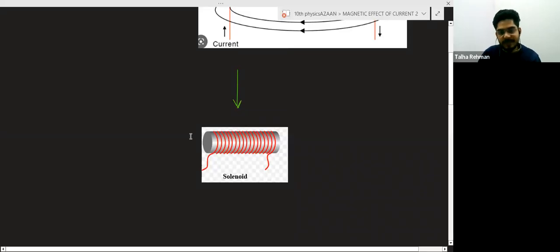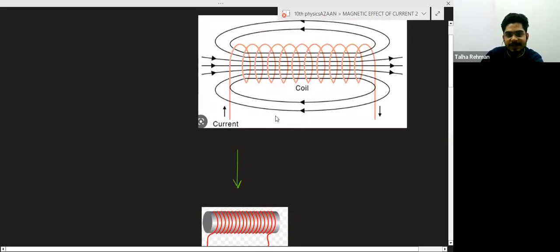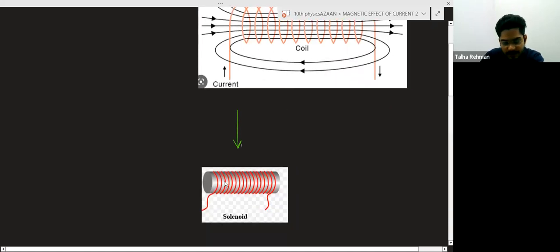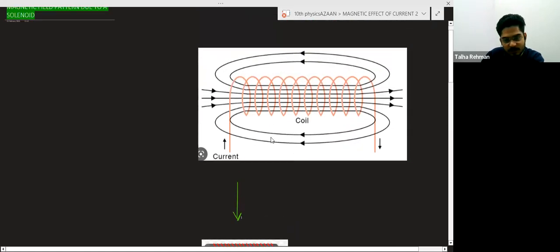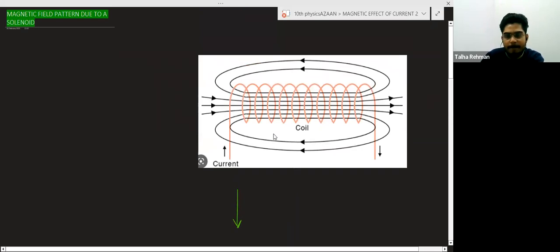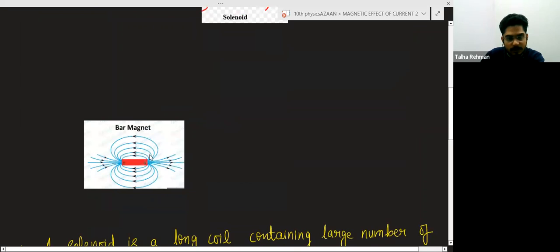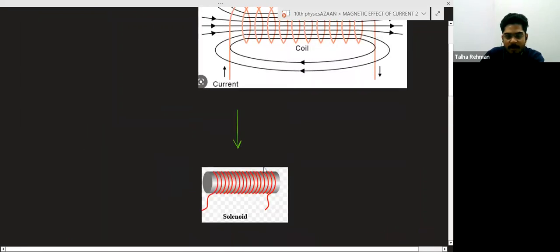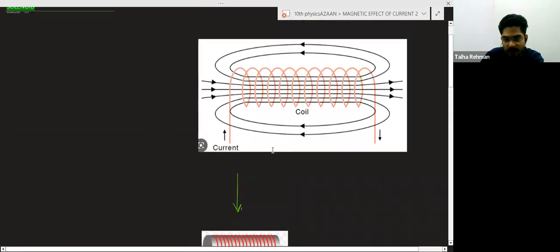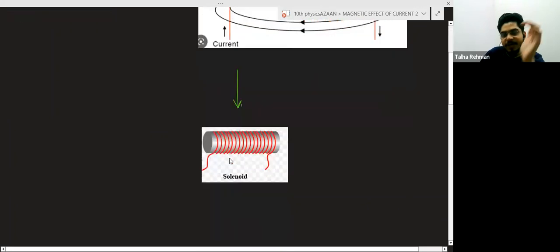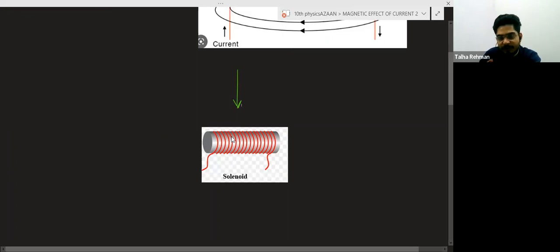Basically, this is a solenoid with core, and this is a solenoid without core. Why are we introducing a core? Because when we introduce the core, the magnetic field of this solenoid will increase.